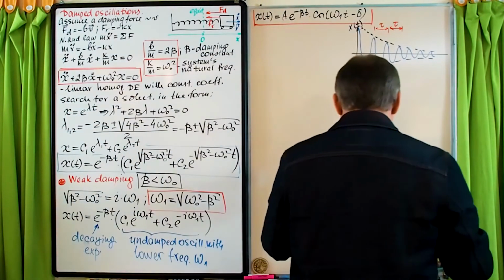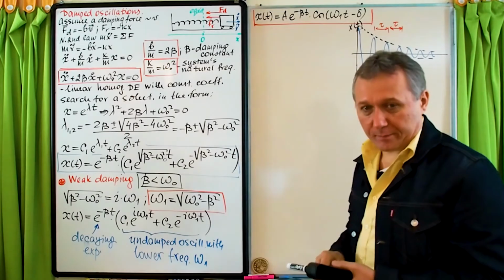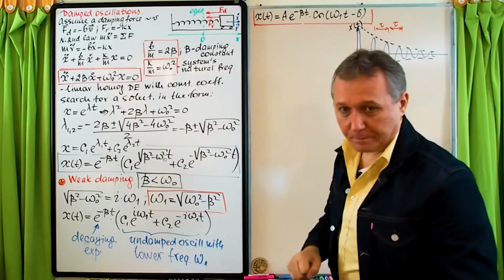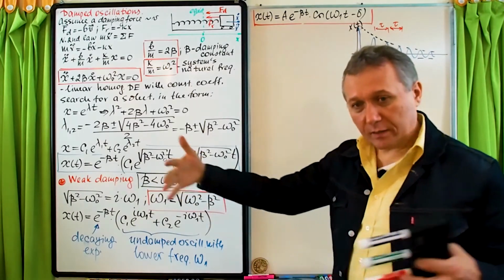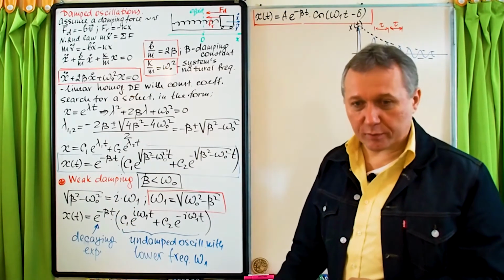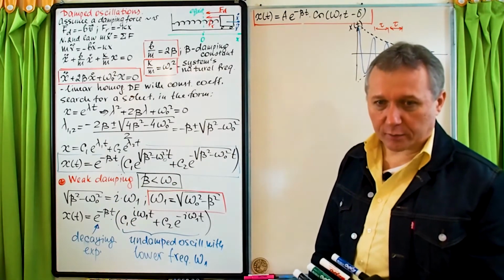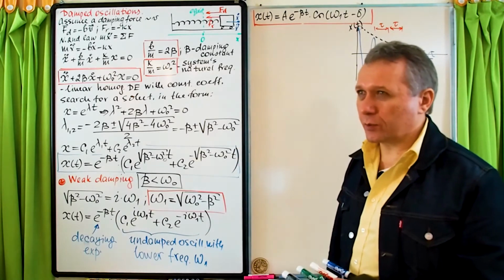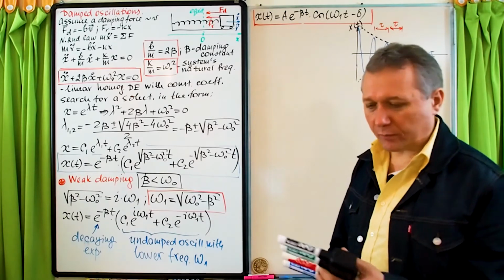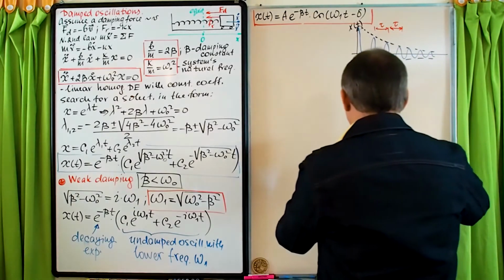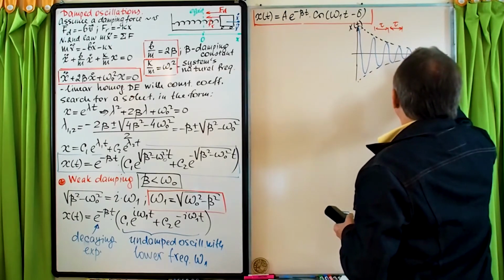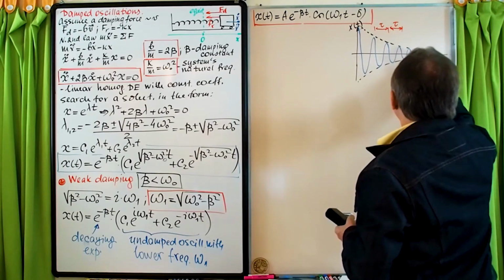We can introduce a time, which is 1 over beta, which tells us the stretch of time over which the amplitude gets reduced by a factor of e. So the amplitude gets to 37% of its maximum value, right? We can introduce that also, maybe approximately here, let's say.